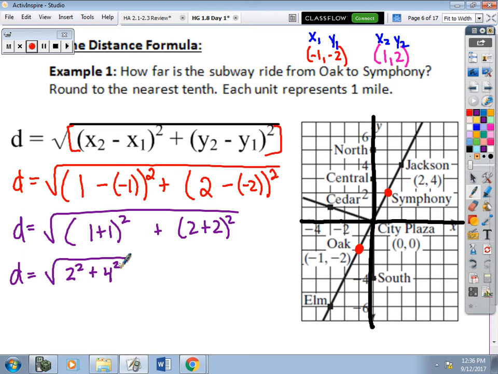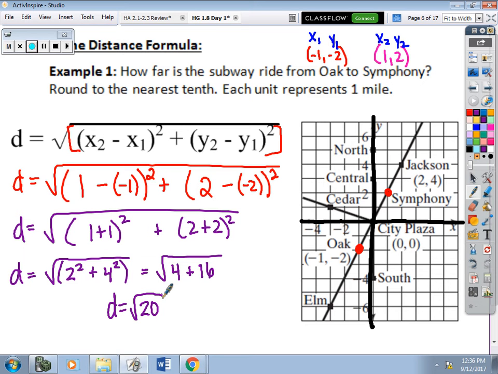Now you cannot just undo the square with the square root and make it like 2 plus 4 is 6. Okay, some people are like, can I just like cancel those out? No. You actually need to perform this operation inside. Okay, so I will get 2 squared is 4. 4 squared is 16, not 8. Add them together. We get the square root of 20.